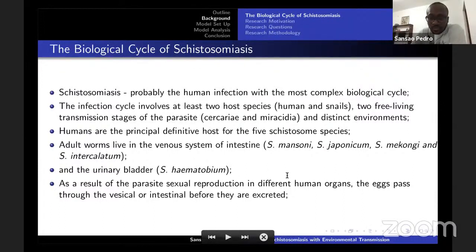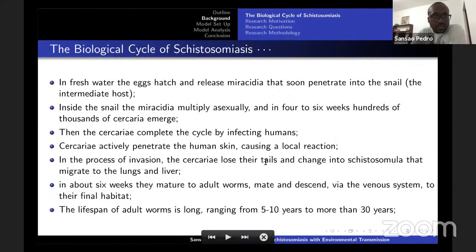Now I will be continuing with the epidemiology of the disease. Once the eggs are excreted in the water, they will hatch and release a worm named miracidia, which soon will penetrate the snail, the intermediate host.